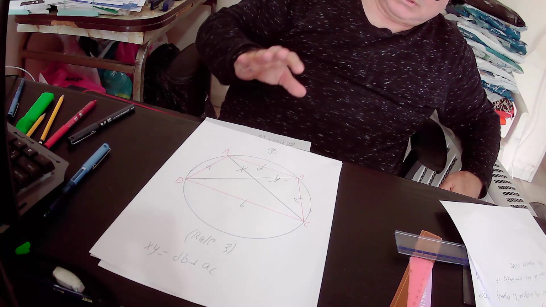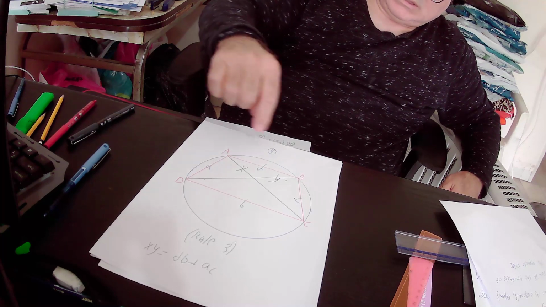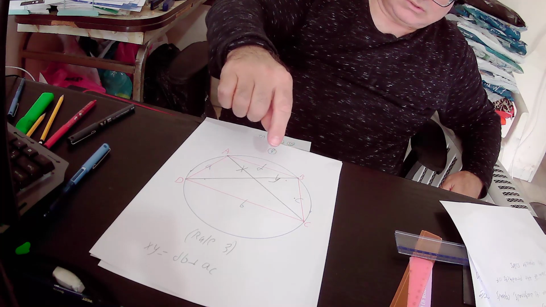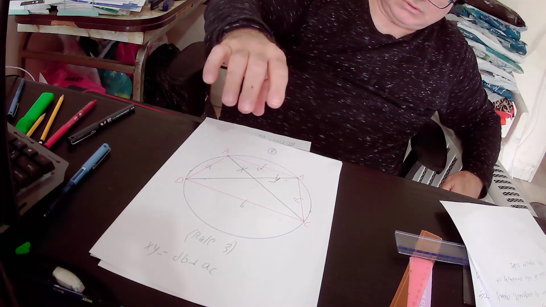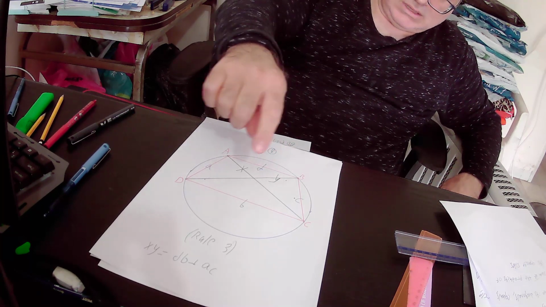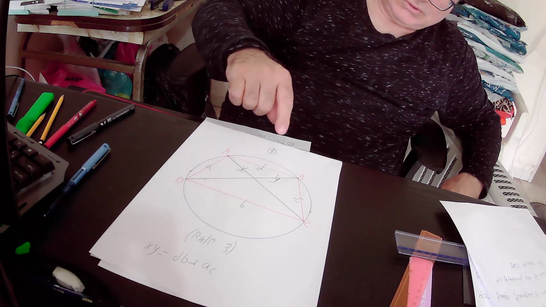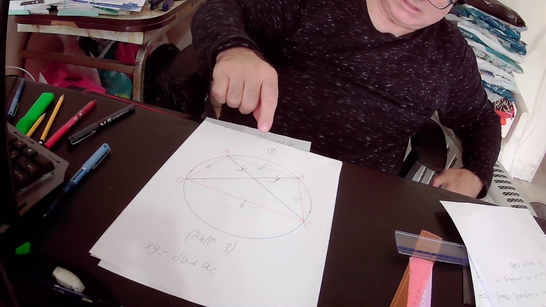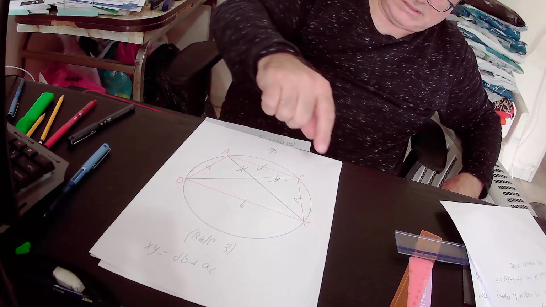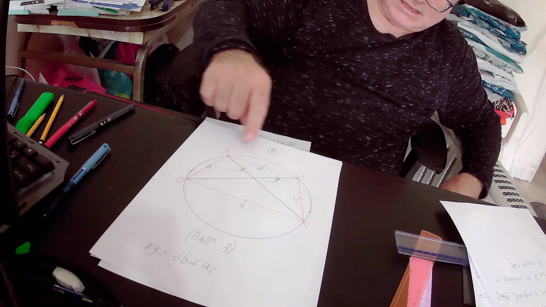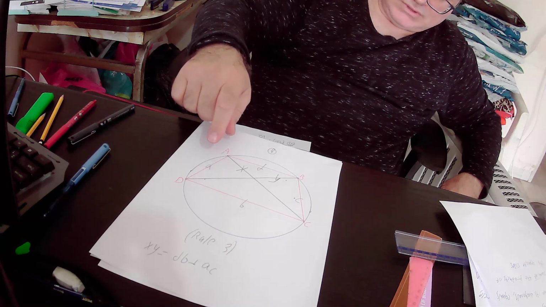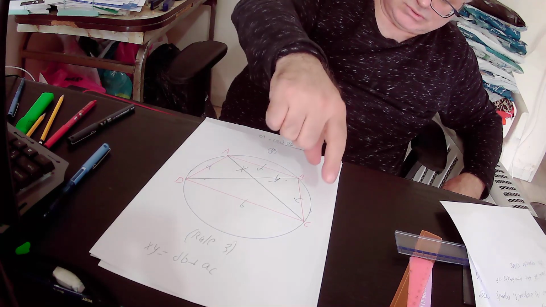Okay, so here we have quadrilateral ABCD that is inscribed by a circle, and so we will implement rule number 3. According to rule number 3, the product of its diagonals, that is actually x times y, equals the sum of the products of its opposite sides. Quadrilateral ABCD has two pairs of opposite sides. Side AB is opposite to side CD, and the second pair is side AD opposite to side BC.